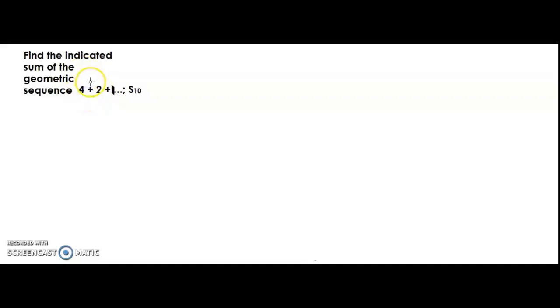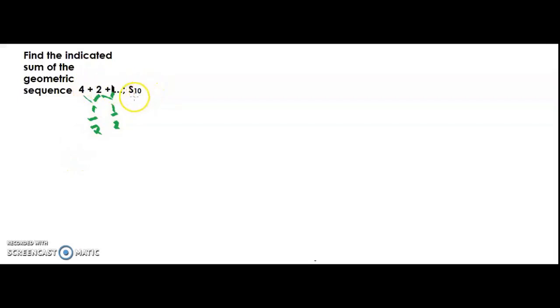So that is 2 divided by 4, we have 1/2, right? Okay, and this one we also have 1/2. So we're looking for the sum of the first 10 terms of this particular pattern.